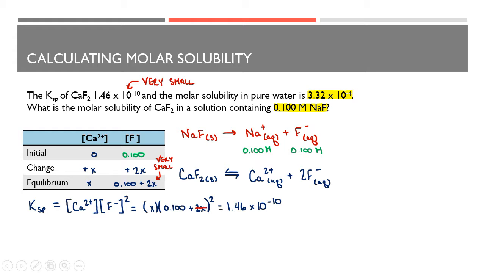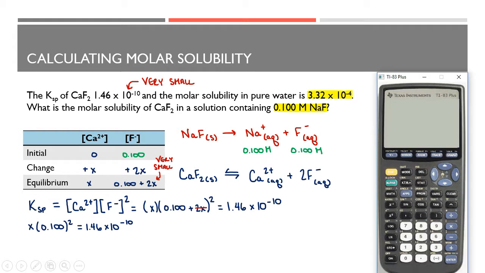And if you're adding 0.1 plus something extremely small, you can just about eliminate that from the addition problem. That makes life really easy for us, so we don't have to deal with a lot of x squared stuff and possibly the quadratic formula. So once I simplify this, I get x times 0.100 squared equals 1.46 times 10 to the negative 10th.